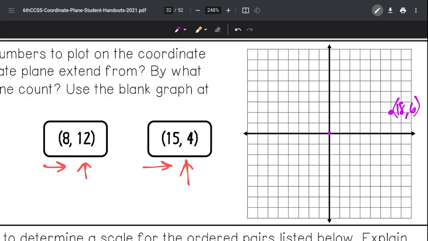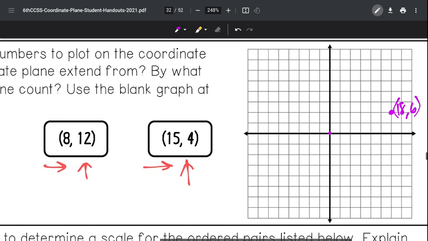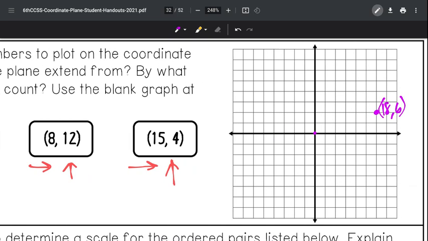My second point is -16, -5. So -3, -6, -9, -12, -15, -18. Okay, I'm between those last 2 purple dots that I drew, but I'm closer to this one. So -16, -3, -5.